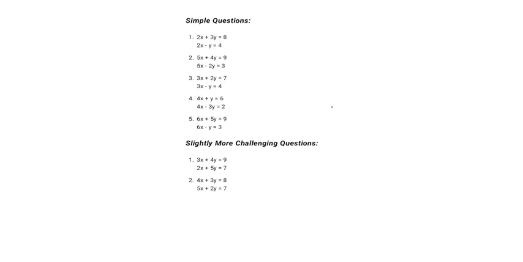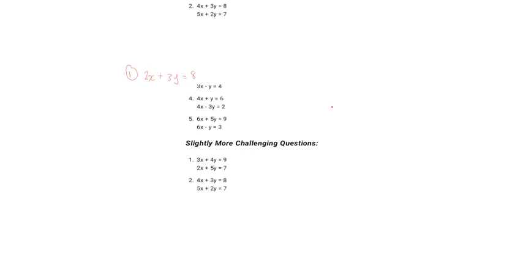Okay, so we have 2x plus 3y is equal to 8. We have 2x minus y is equal to 4. Let me just write it down here. So the first one we have, who can remember the question? It is 2x plus 3y is equal to 8.